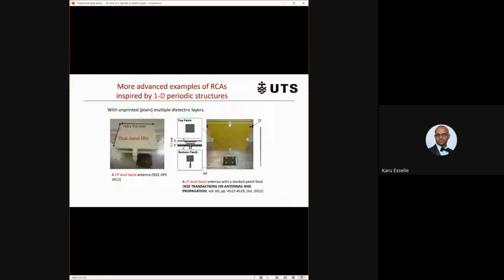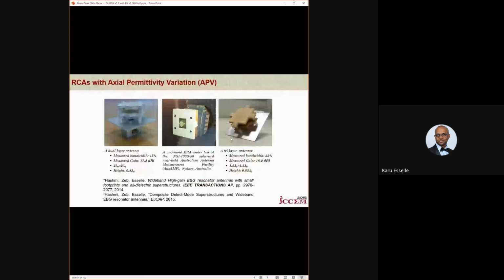A lot of those antennas are large, several wavelengths by several wavelengths. Some of them are large. This is a smaller one. In the later part of our research, we were designing a lot of smaller resonant cavity antennas. Watch these dimensions. The area of the substrate is 2 lambda naught by 2 lambda naught in this one.